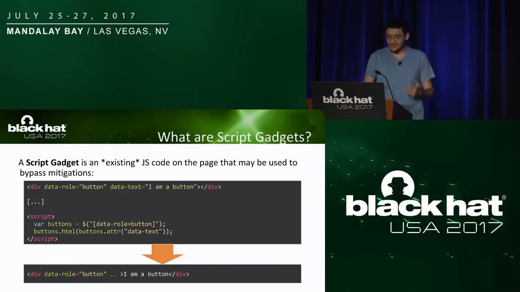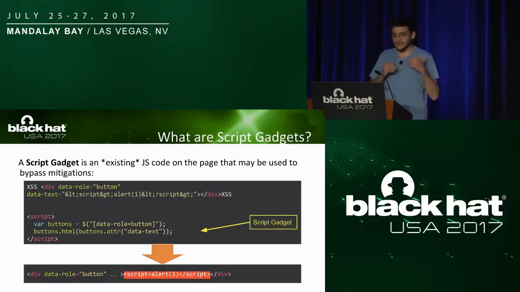If you have a mitigation, this is what will happen. Instead of injecting a script directly, you inject a div that just has a script tag in the data attribute. And the sanitizer will just allow it because, of course, there's nothing wrong with that. But because there is a snippet of code that activates and executes it, you just have a normal, traditional script XSS.